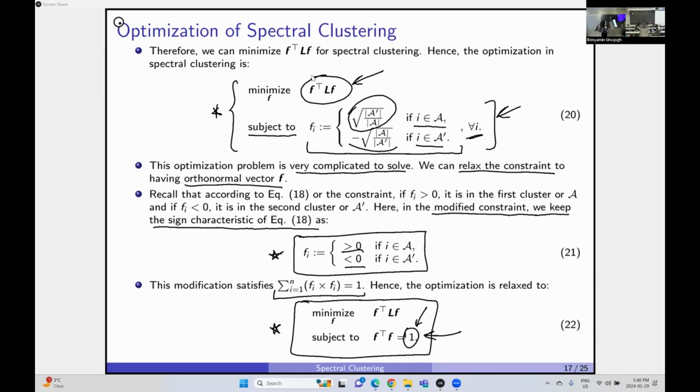Equation 22 says minimization of F transpose LF subject to F transpose F equals 1. If you have watched the preliminaries that I asked you to watch, you would know that the result of this optimization problem, which I will show you, would yield an eigenvalue problem. Okay, eigenvalue problem, we'll see that.